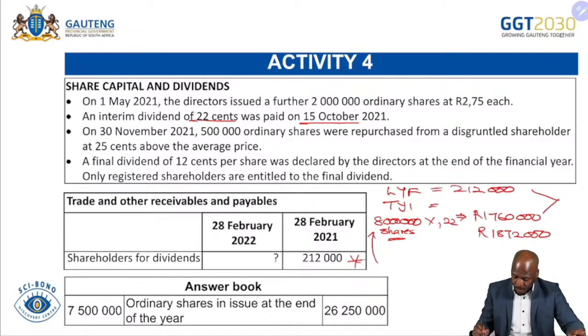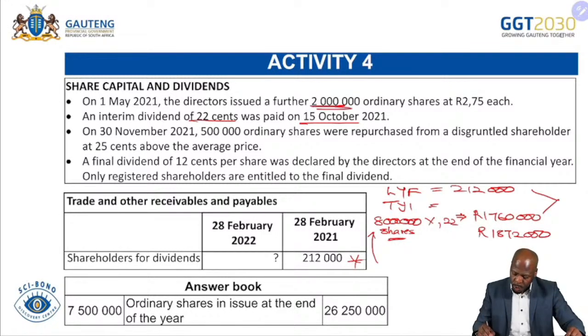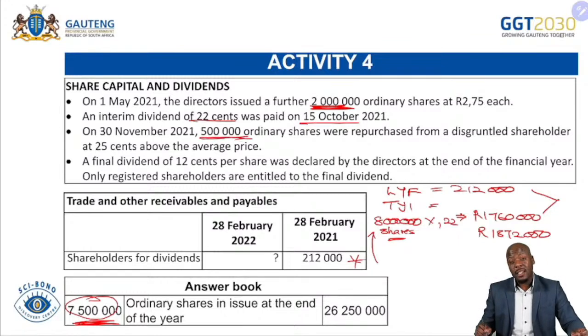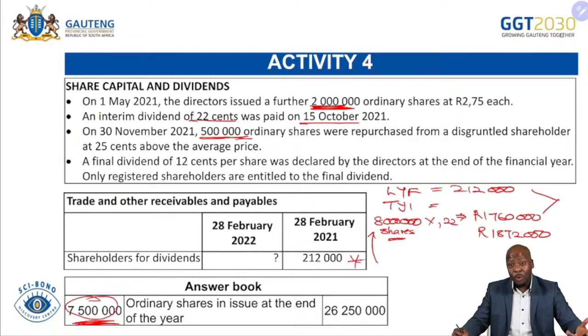At the beginning you'd find there were 6 million shares plus the 2 million that was then issued. That is what gives us the 8 million shares. Or you could have started from the bottom with the 7.5 million shares at the end, then add back the shares that were repurchased, 7.5 plus the 500,000, which takes you back to 8 million. And then you can declare your interim dividend.